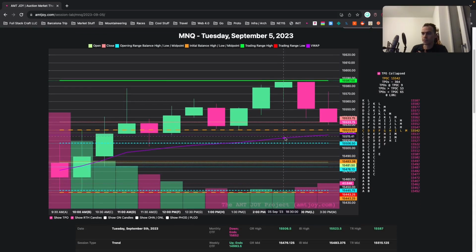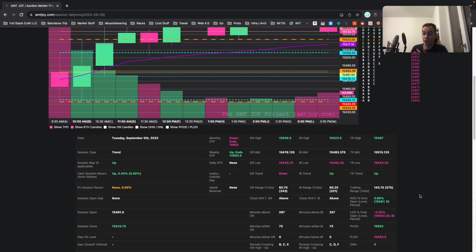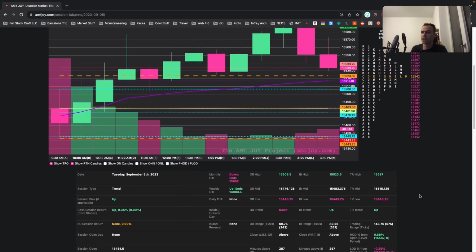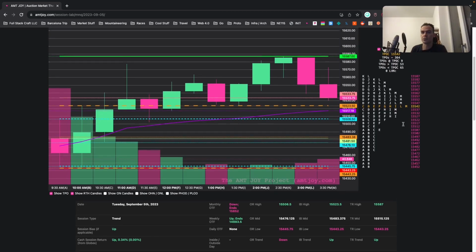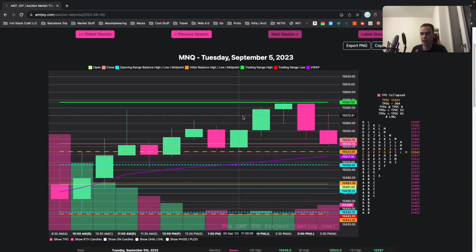You've got your chart, and we even annotate times with the period letter, and then the TPO. As far as we know, we're the only place that offers a TPO view of every session. Of course, you can find the chart of the sessions on TradingView and other platforms, but I think we're the only ones who have a library of these TPOs.